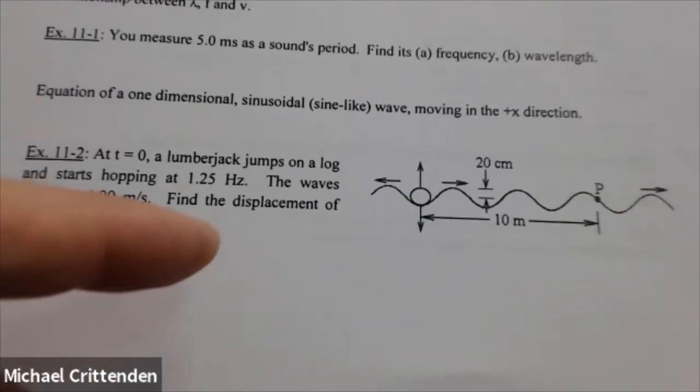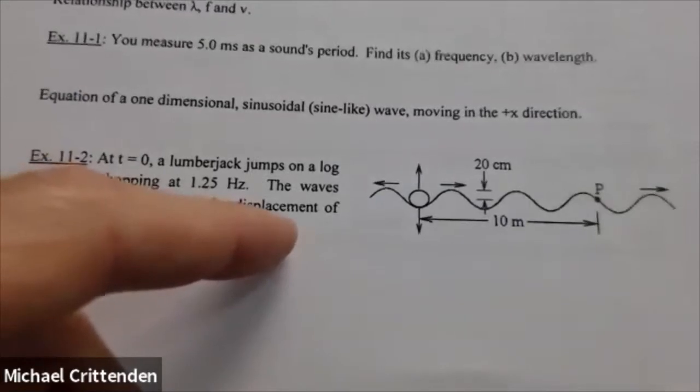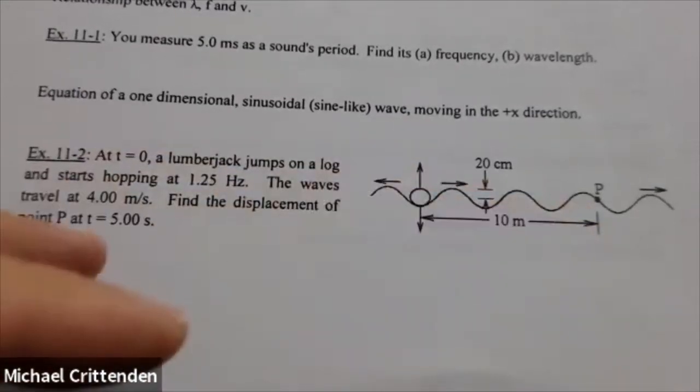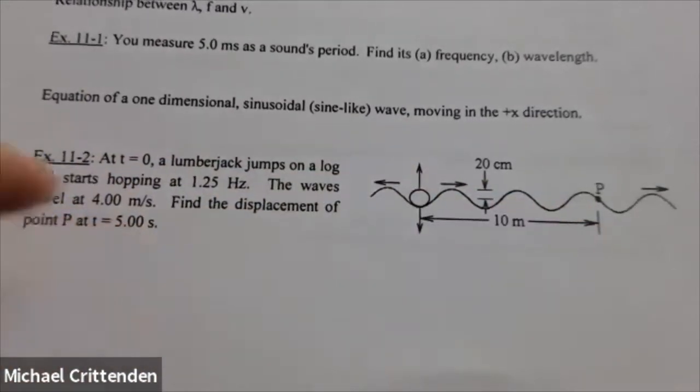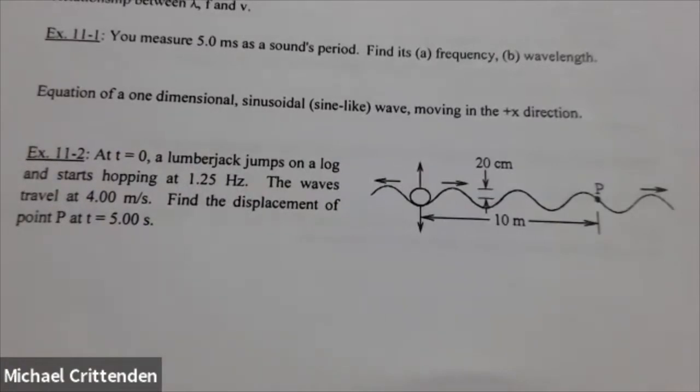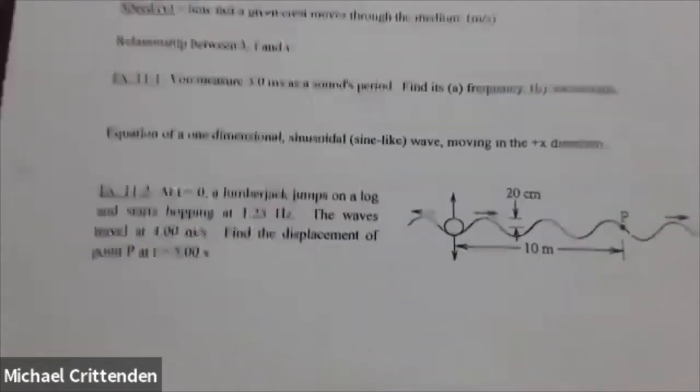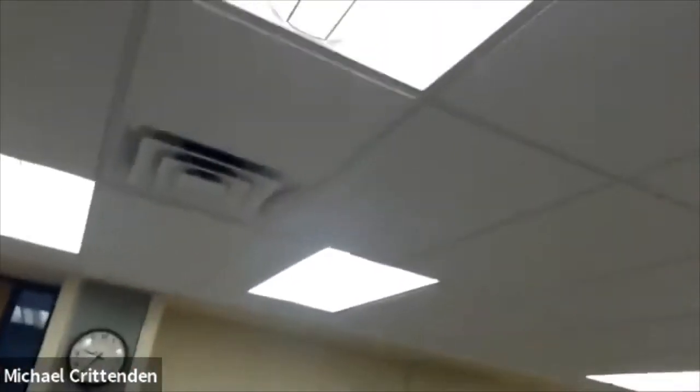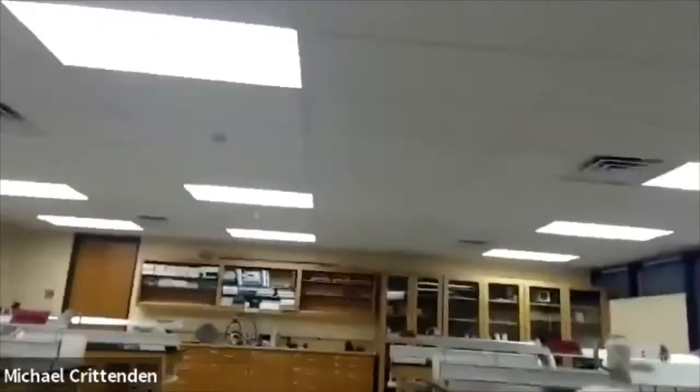So we want the displacement of point P at this particular time. Basically it's filling numbers into that general equation that I mentioned a moment ago, and a lot of the work is figuring out what those numbers ought to be.